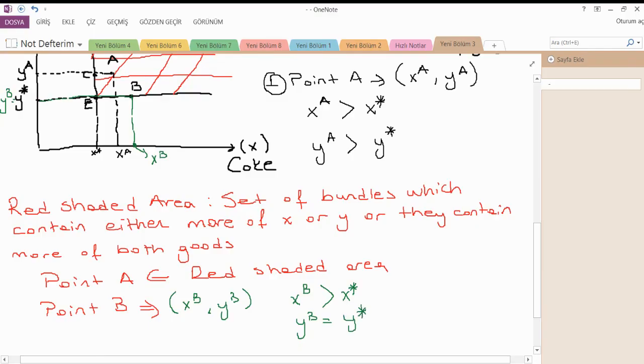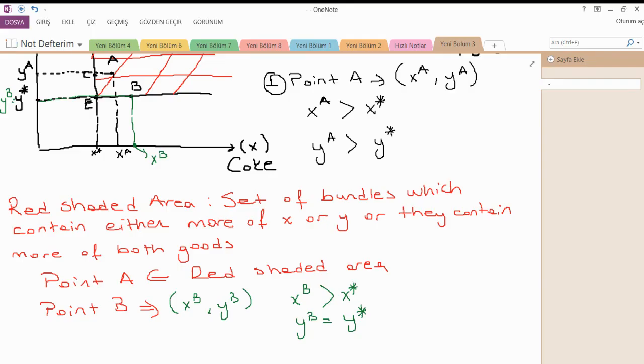If you remember the definition of the more is better assumption, if only one good is more and the other is no less, the consumer is going to prefer the bundle to the previous one. Of course, if both goods are more, it's much better. But what is important here is that we shouldn't have any bundle which contains less of any good.